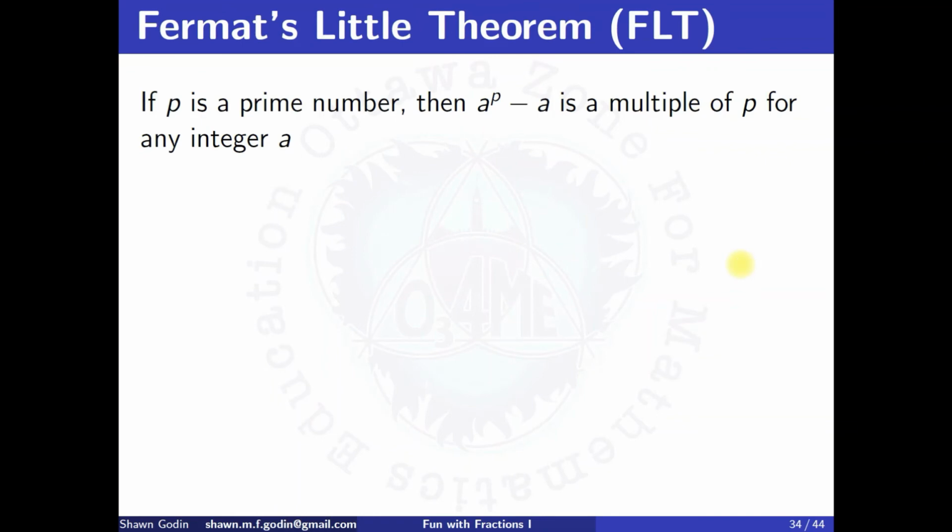A very useful result in elementary number theory is called Fermat's little theorem. You might have heard of Fermat's last theorem, a very famous problem, but this is another result from Fermat. He showed that if p is a prime, then a to the p minus a is a multiple of p for any integer a, which in terms of congruence means a to the p is congruent to a mod p.